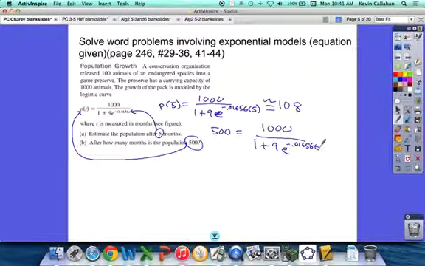Do you remember how we solved that the other day? Where did we get that exponential out of the denominator? If you're confused at that step, you can think of it like a cross multiply. Put this over 1, and then this times this equals this times this.